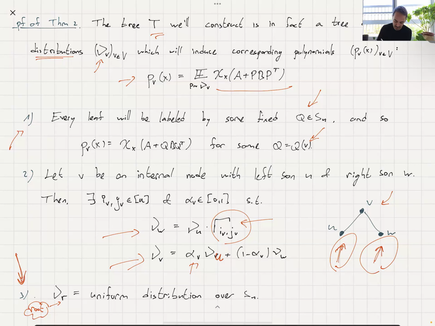And the root has a uniform distribution, which means that the polynomial there is the polynomial that we will argue about. We know how to argue about it using the R transform theorem and the quadrature. And then the second point here relates the distributions locally in a way that would enable us to say something about the corresponding polynomials.